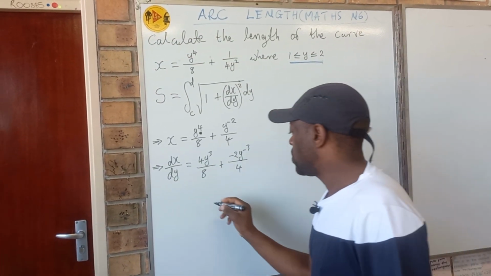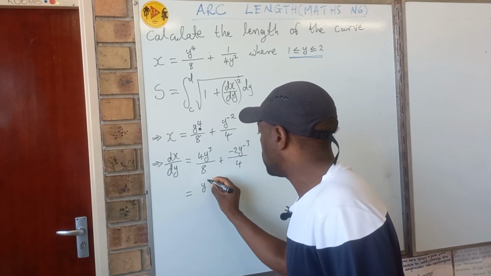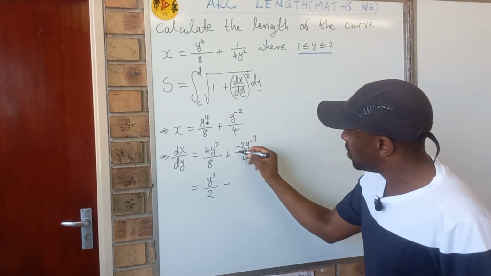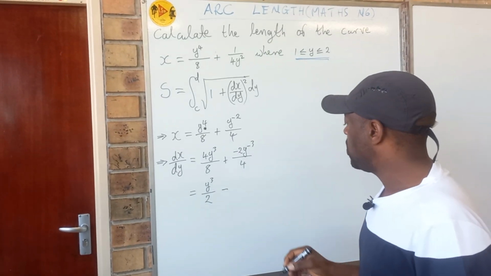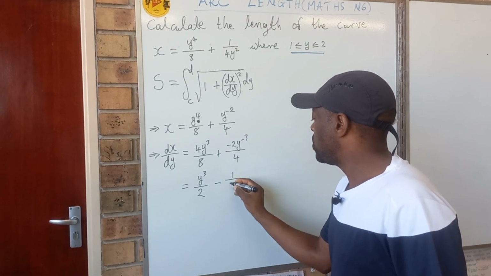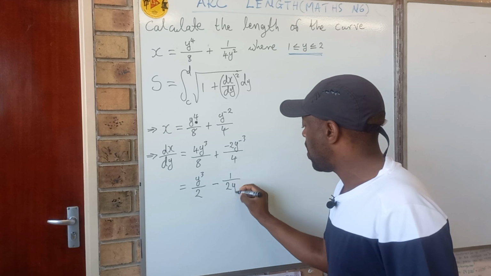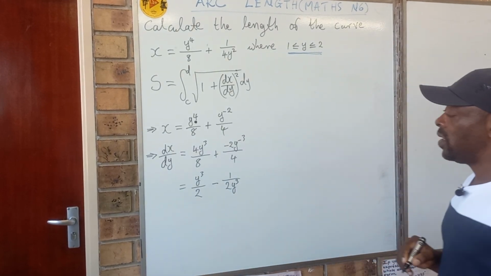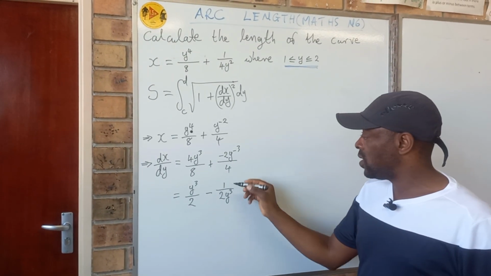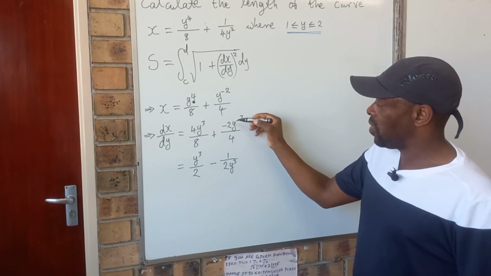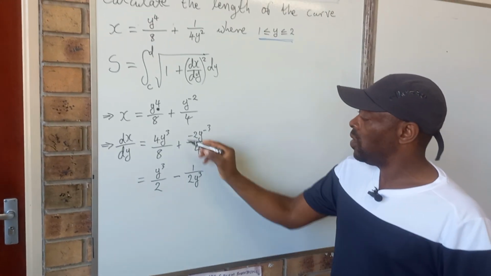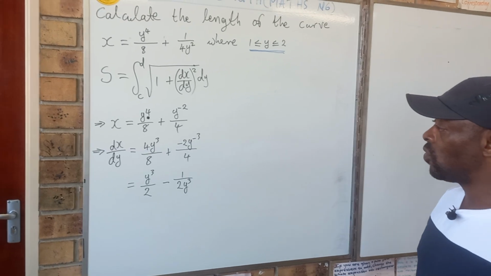Simplifying, this gives me y cubed over 2, and the second term becomes negative 1 over 2y cubed, because 2 simplifies with negative 4. Remember, when you are done with your derivative, make sure your powers stay positive. y to the power negative 3 goes down as y cubed, then 2 simplifies 4 to give me 2, then the negative comes there. So I'm done with my derivative.